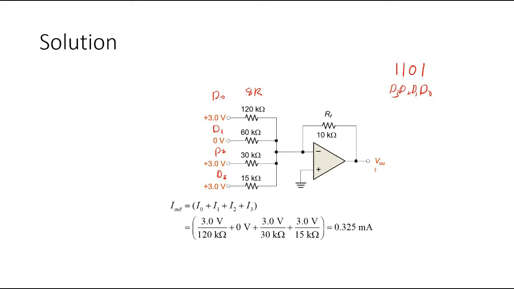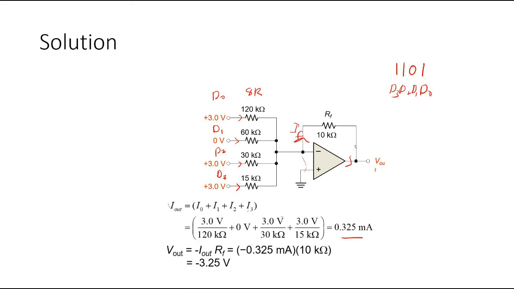Okay, so in order to calculate I out, IF equals I0, I1, I2, and I3. So we get here I out.